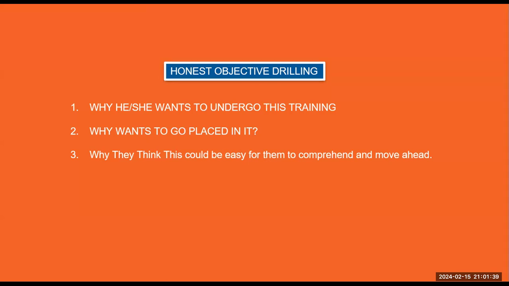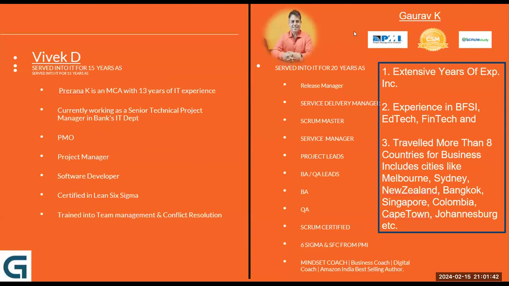So my name is Gaurav. I have experience in various domains, BFSI, total 20 plus years of experience. Currently, I'm working with a US based company as a release manager. I have worn various hats, starting from QA, BA, project lead, service manager, delivery manager, scrum master, and all those things.